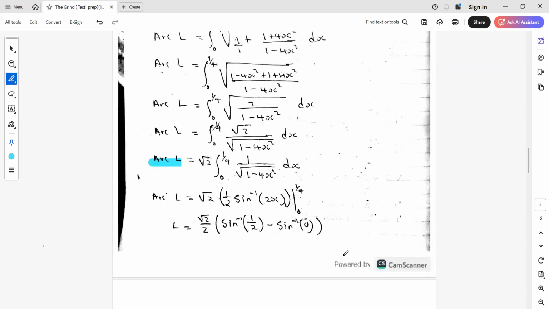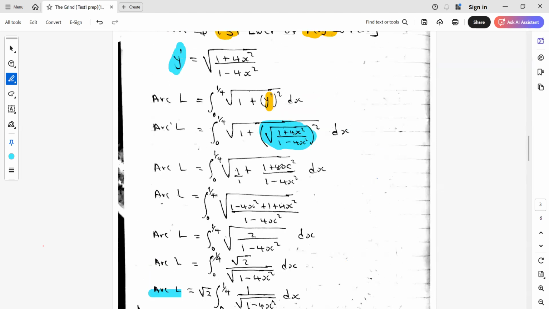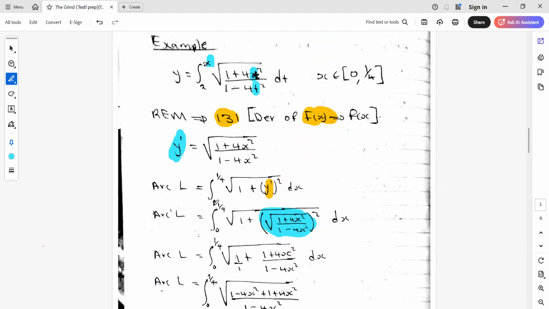Okay, there's a question. So about 0 and 1 over 4. Right over here, at this point, you have to do the definite integral, right? And the arc length from 0 to 1 over 4, that should be your boundaries.